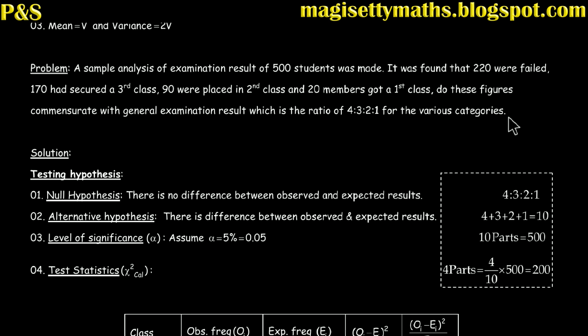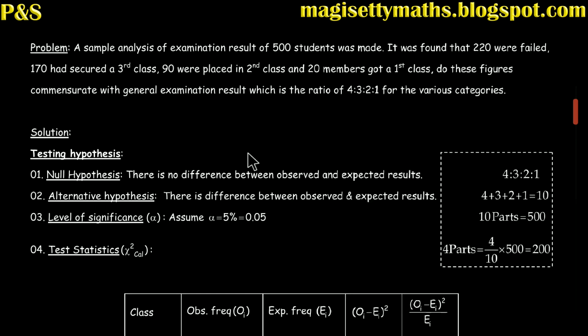We have to check whether there is any significant difference between observed and expected values. Here the observed values are 220, 170, 90 and 20. We have to evaluate expected frequencies given that the ratio in the general examination result is 4:3:2:1.